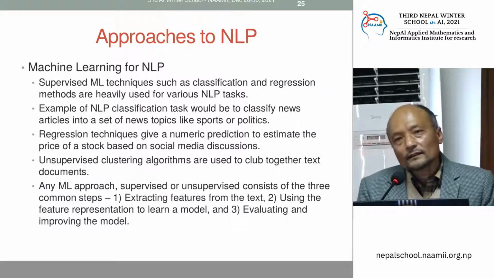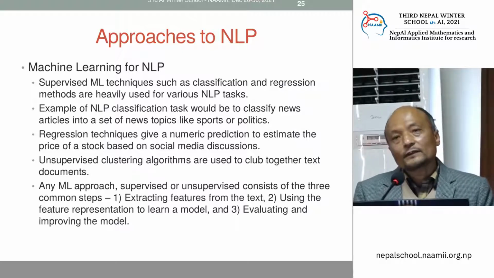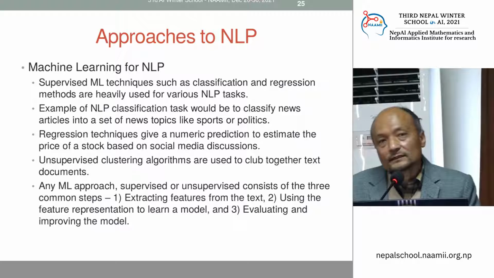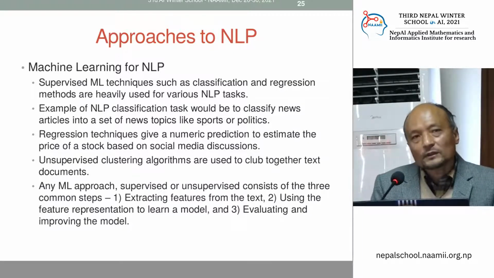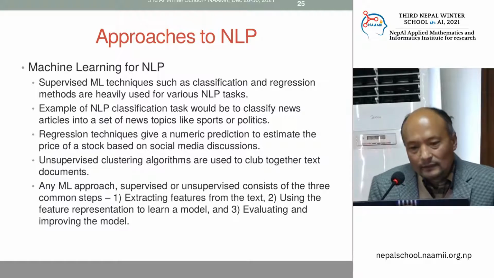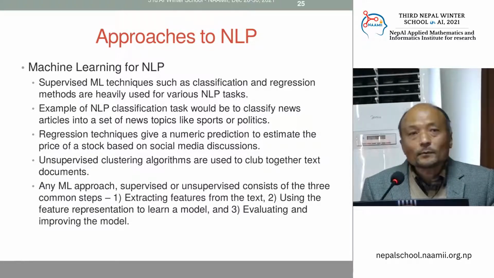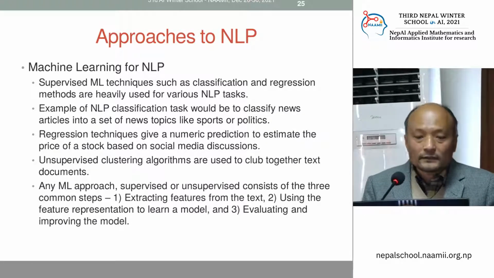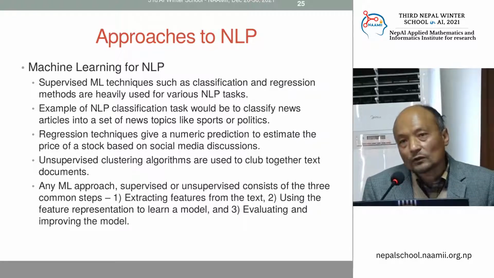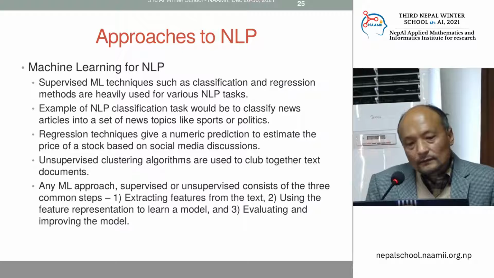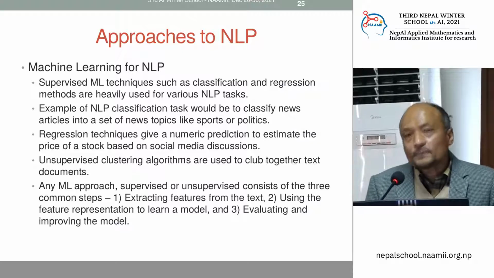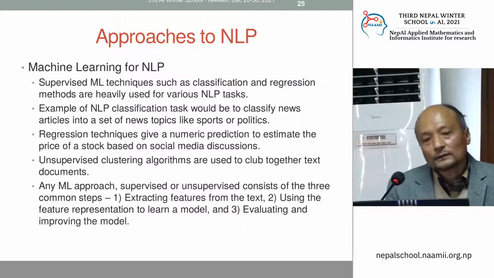Earlier we were talking about email spam classification, which is quite an established task; successful ML algorithms have been applied for solving it. Another is classification of news articles into certain topics, like sports or politics. Machine learning has been applied successfully for solving those tasks.